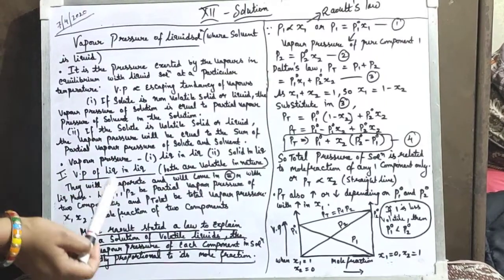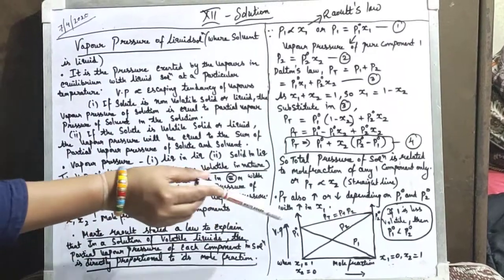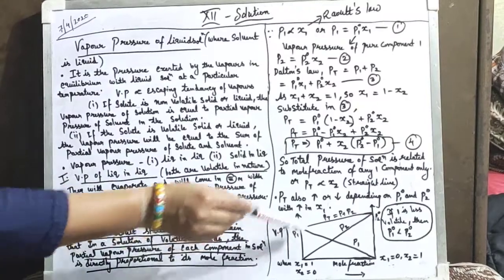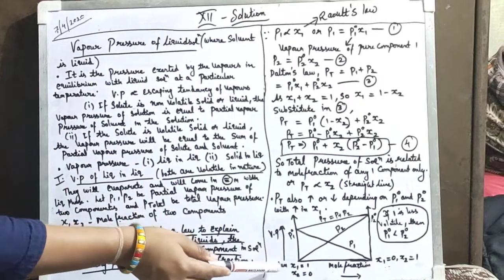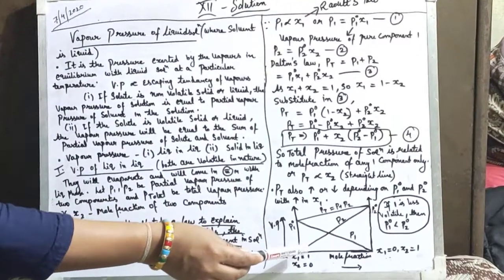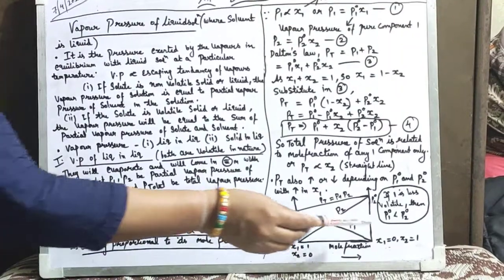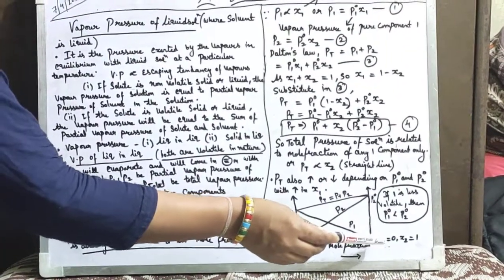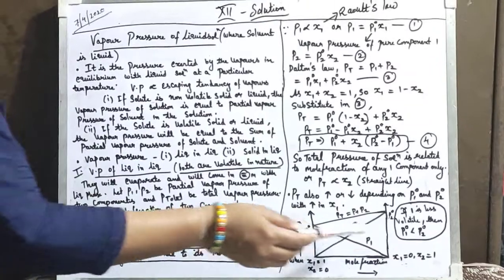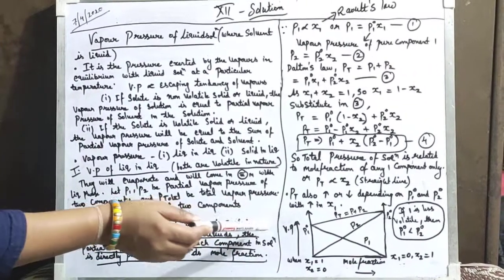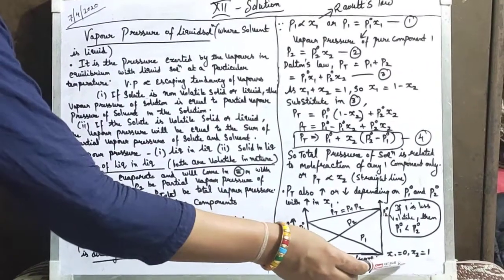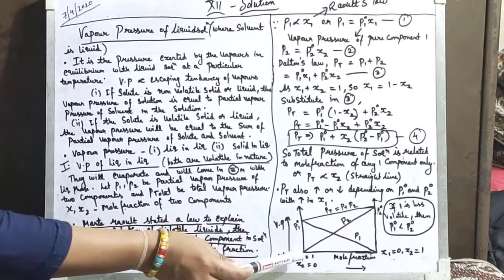If I plot an individual graph, you will understand how it comes out straight. If I go for x1, you can see it goes from 1 to 0, so I have to go to the other side to get the straight line graph for the first component. From 0 it increases till 1.